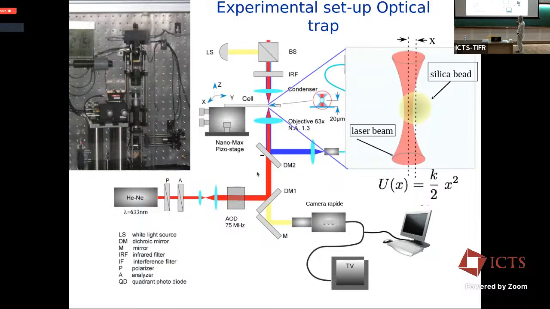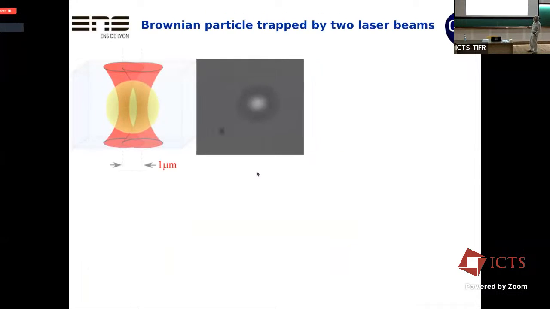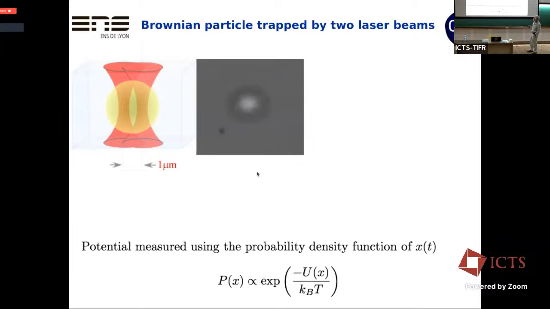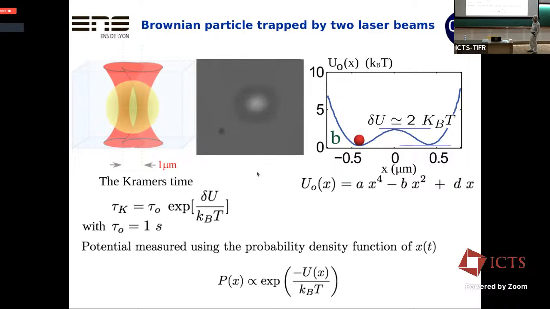We are producing, for example, a harmonic potential, and if I put two beads, as I said already, I can have a double well potential like the one produced there, okay? We have already seen this, and this is a typical case in which you have kBT, you have the Kramers rate and so on, okay?